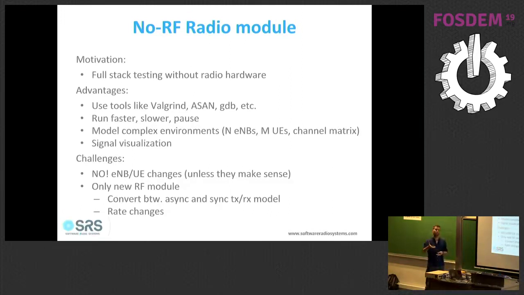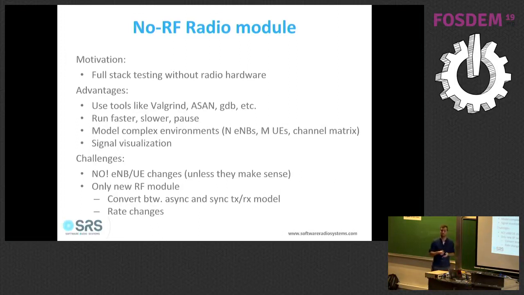The UE, for instance, receives 5 subframes and then another 5, and then eventually transmits 6 subframes later, a random access, for instance. So there's no continuous RX/TX and no synchronous flow of IQ samples to and from the radio.